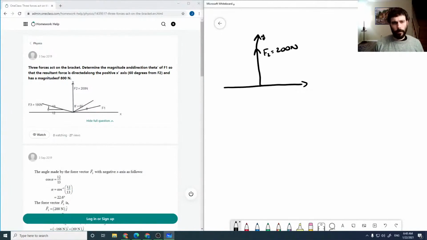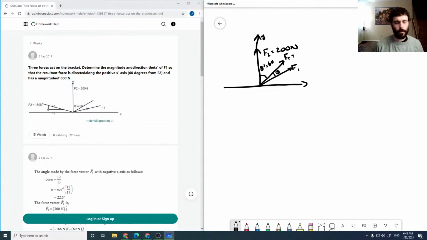We've got our F total, which is at a theta prime equals 60. We've got an F1, which acts at some angle from our F total.